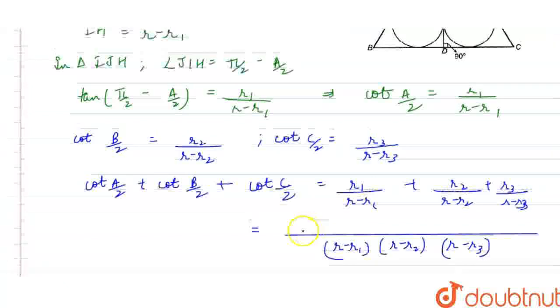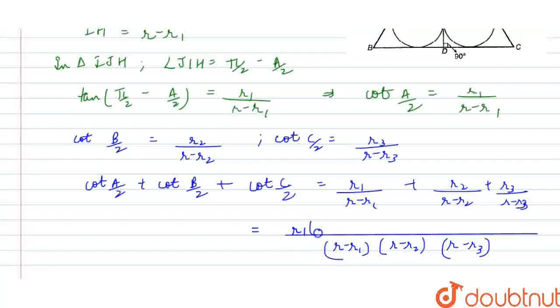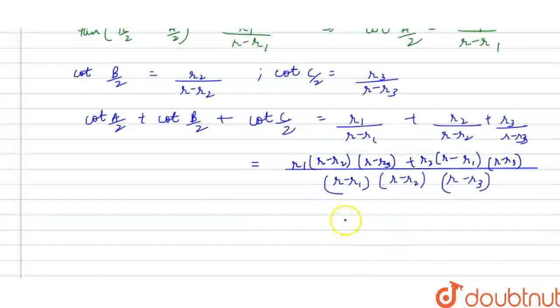And here the numerator would be R1 into R minus R2 into R minus R3 plus R2 into R minus R1 into R minus R3, similarly extending the numerator, plus R3 into R minus R1, R minus R2.